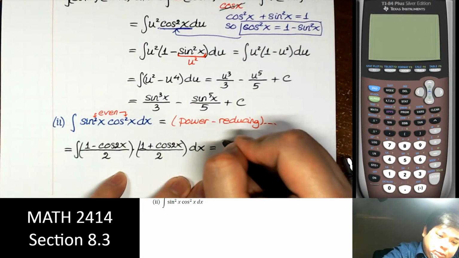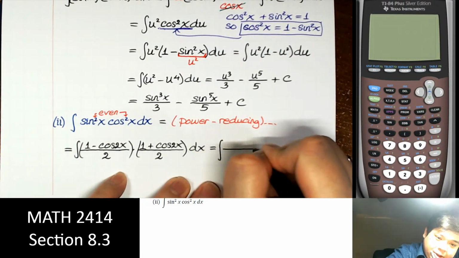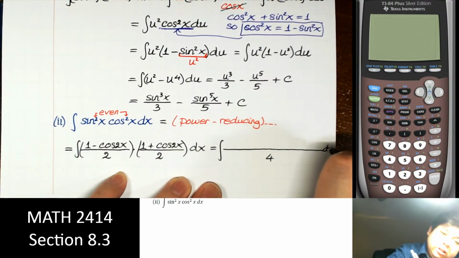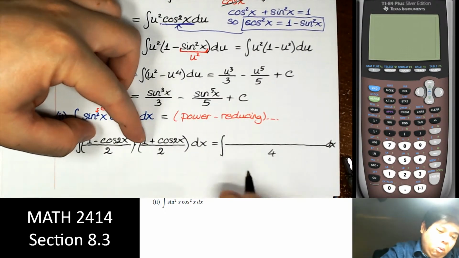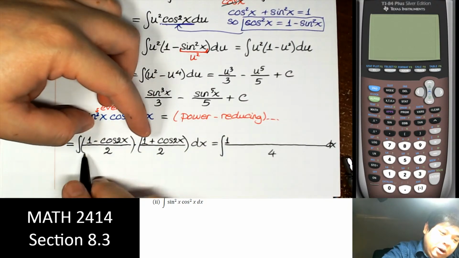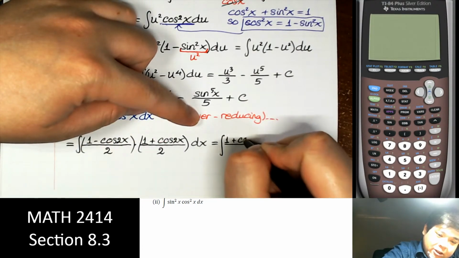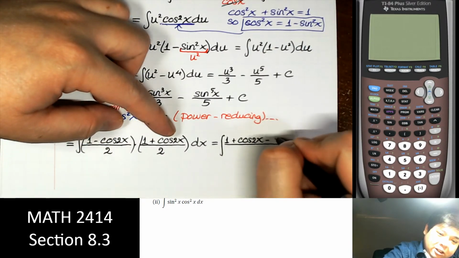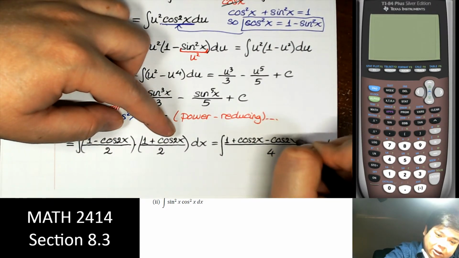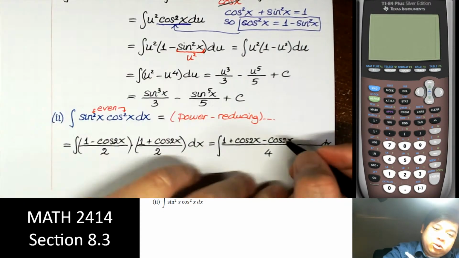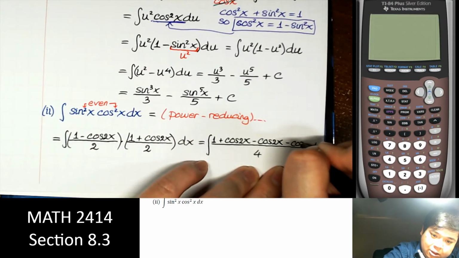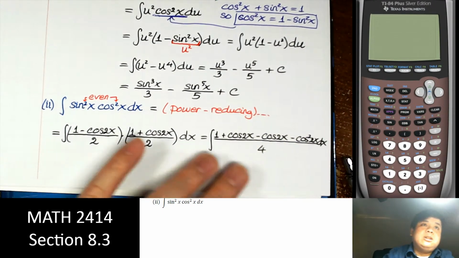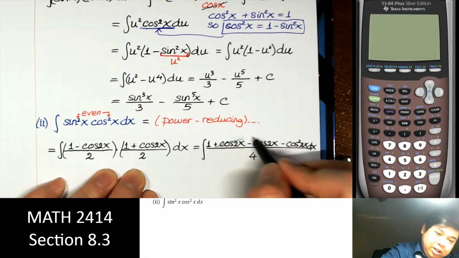Right, I multiply the top with the top, the bottom with the bottom. The bottom is easy. 2 times 2 is 4. Right, the top. 1 times 1, 1. 1 times cosine of 2x, minus cosine of 2x, minus cosine times cosine gives us cosine square of 2x. Luckily, those cancel out.